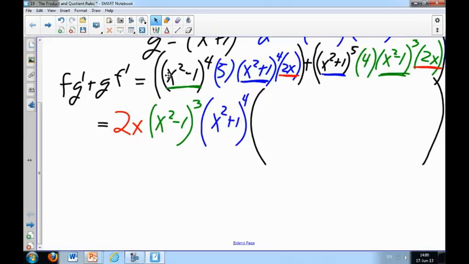Here, we have x squared minus 1 to the 4th. We factor 3 of them out, so there's 1 of them left. Once from the 4, we take 3 of them out, there's 1 of them left. So that's going to end up meaning that there's an x squared minus 1, well, to the 1st power. We don't have to write it.